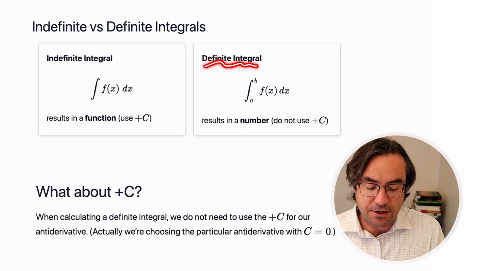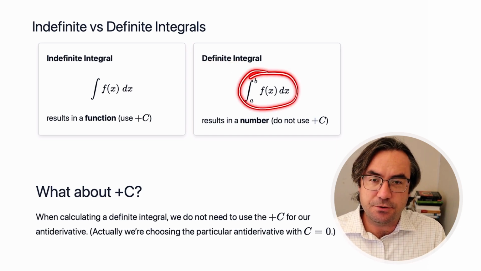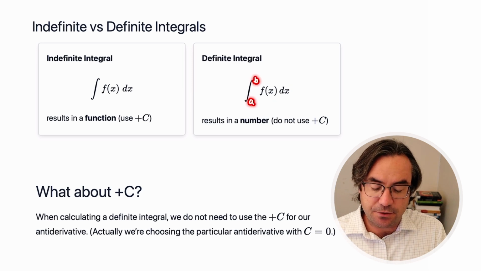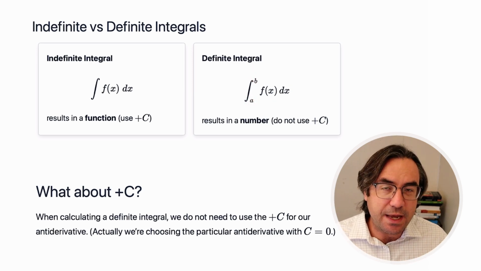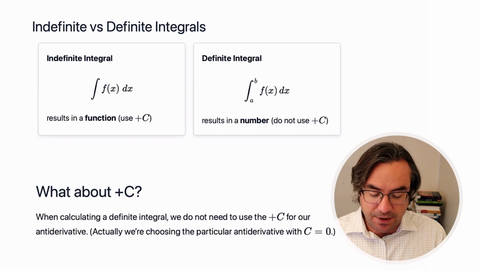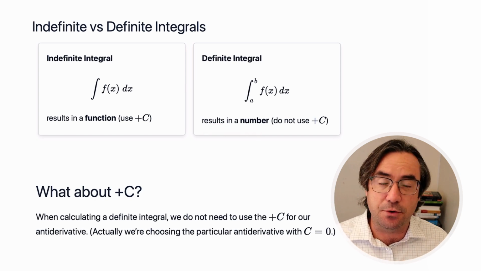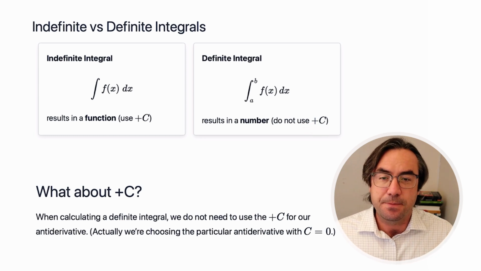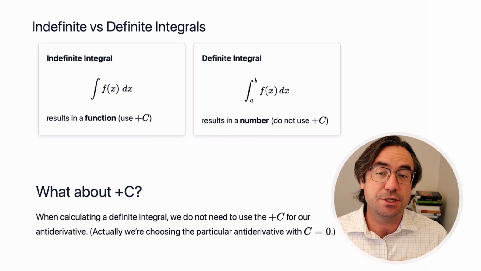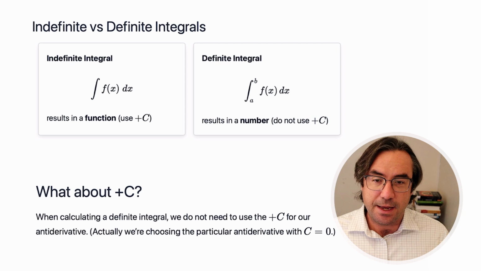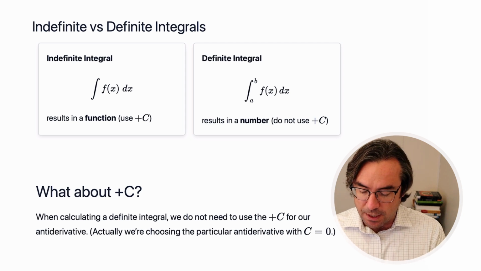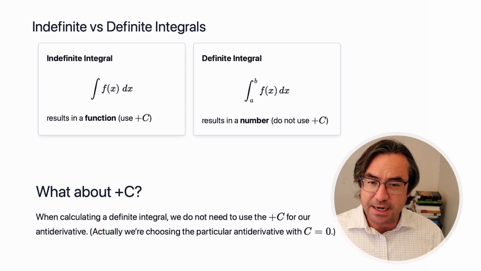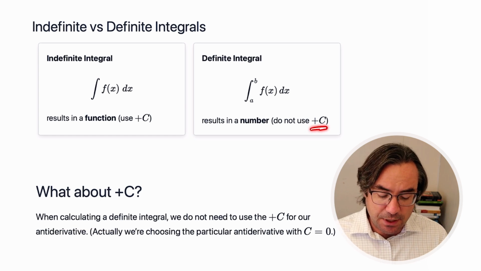Now for a definite integral, very similar notation, but now we have these limits of integration, so the final result should be just a number. There shouldn't be any variables. We're not going to be using plus c here. So for calculating a definite integral, we don't need to use plus c.